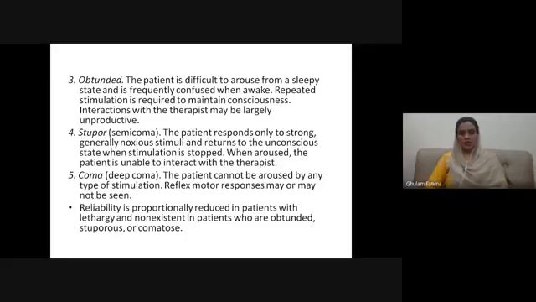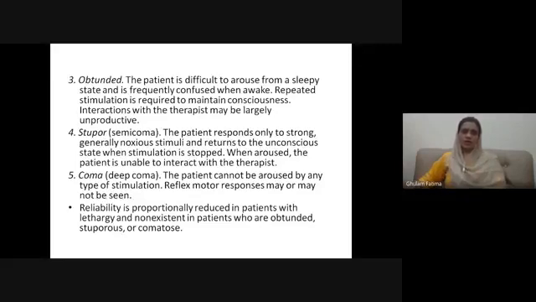The next stage is coma, which is deep coma, in which the patient cannot be aroused by any kind of stimulation. In that case, sometimes the reflex motor responses are present and sometimes they are even absent, depending on what areas of the brain are damaged. So these five stages are there to check the arousal level of the patient.